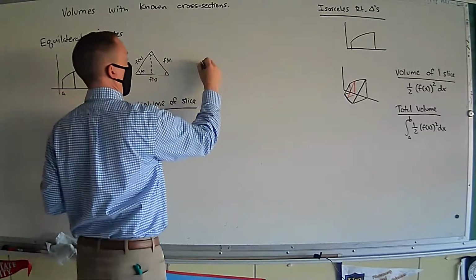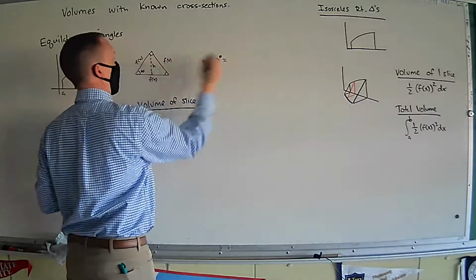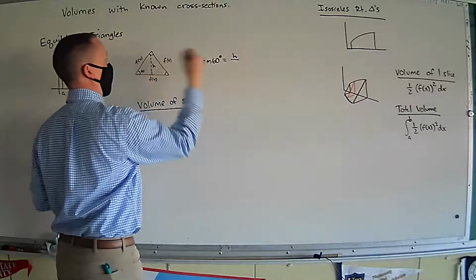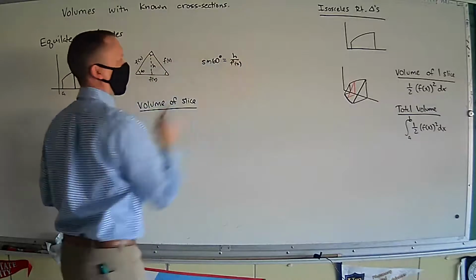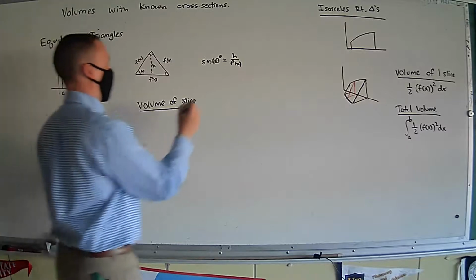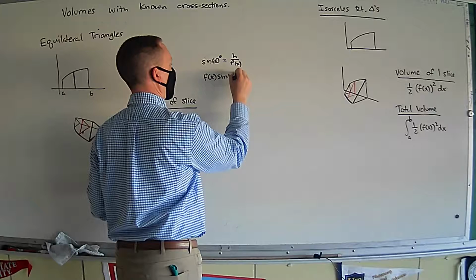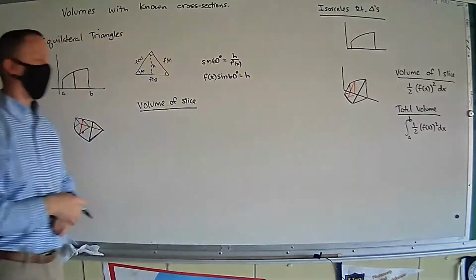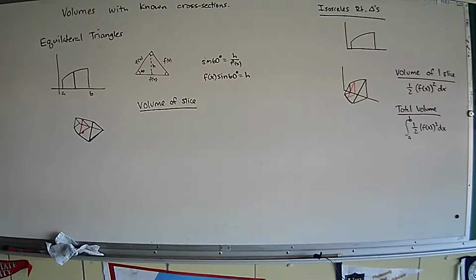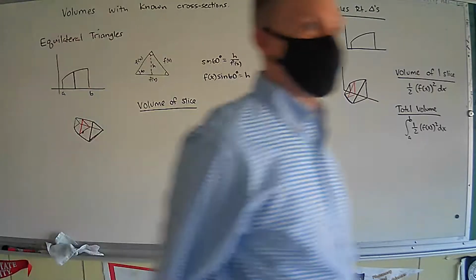So the sine of 60 is h over f of x, right? So what's the height? It's f of x times the sine of 60. Okay, so what's the volume of one of those triangular pieces?